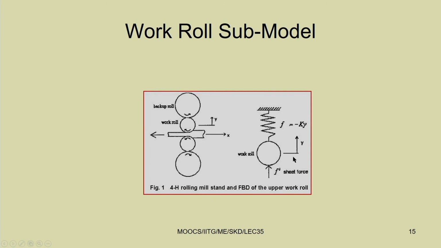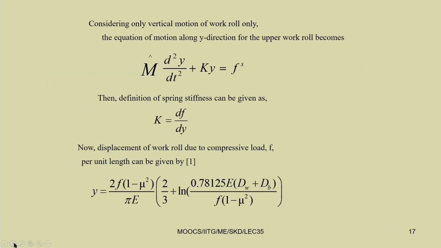As the motion is y, the inertia force is m y double dot. Then the spring force F equal to k y is the force exerted by the backup roll on the work roll, and this is the sheet force. Taking all these three forces, the equation can be written as m d square y by dt square plus k y equal to Fs.